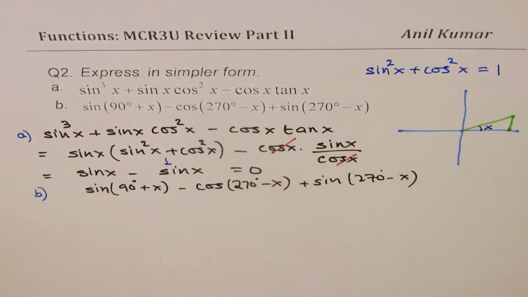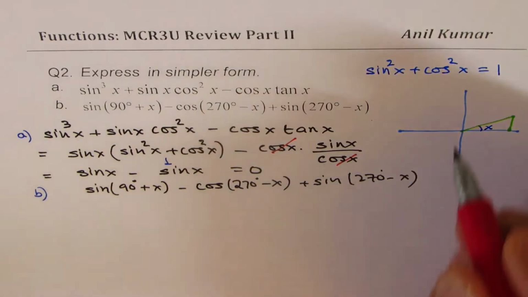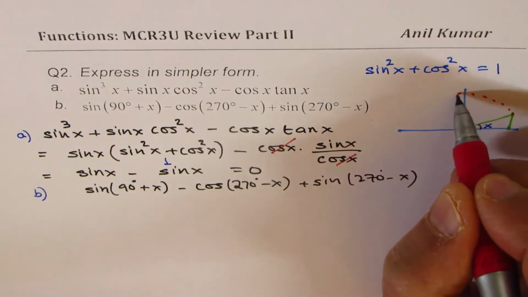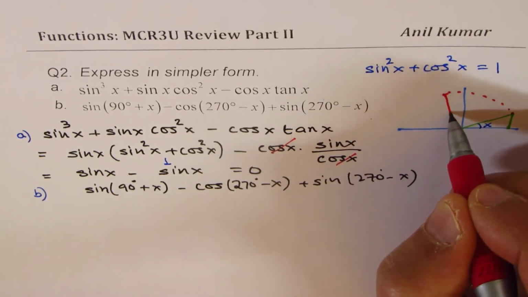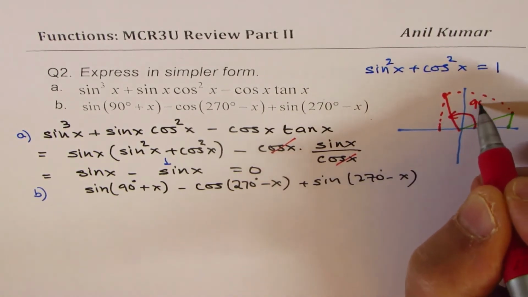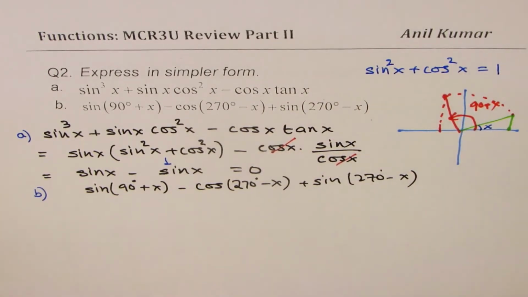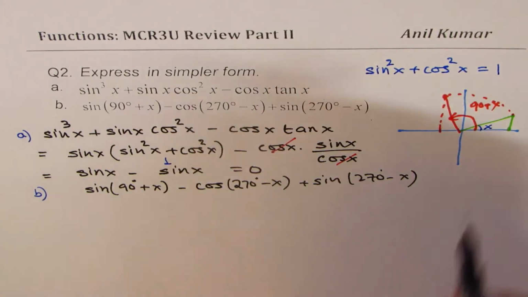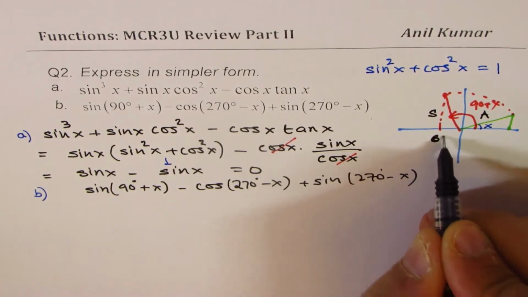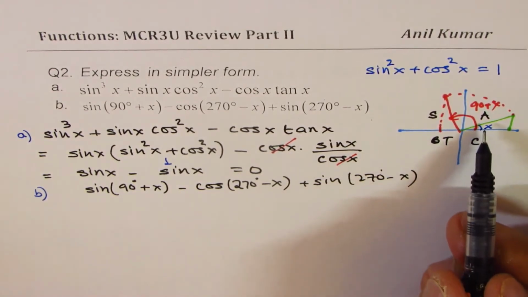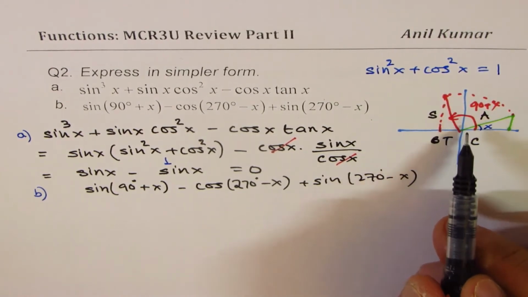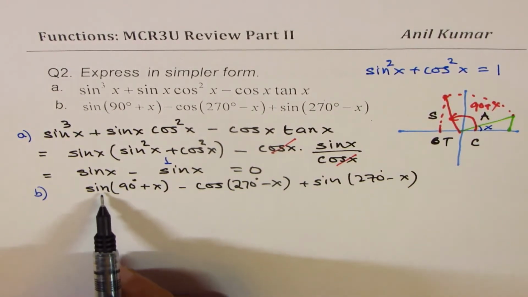Now when I say 90 plus x, it really means the triangle is kind of rotated, right? And you get it here. So the triangle comes in this situation. So that is 90 plus x. Is that okay? As we know from the rule, all are positive here, sine positive, tan positive and cos positive. So sine is positive in quadrant 2, so you see this remains positive.